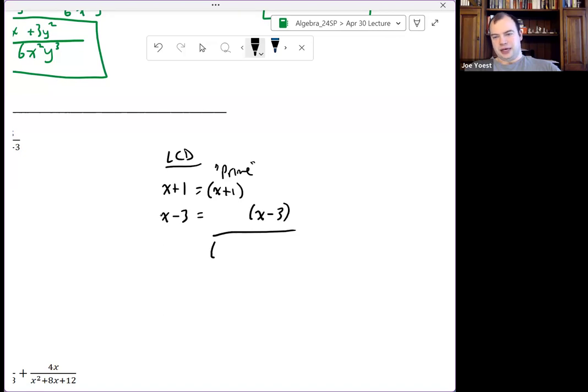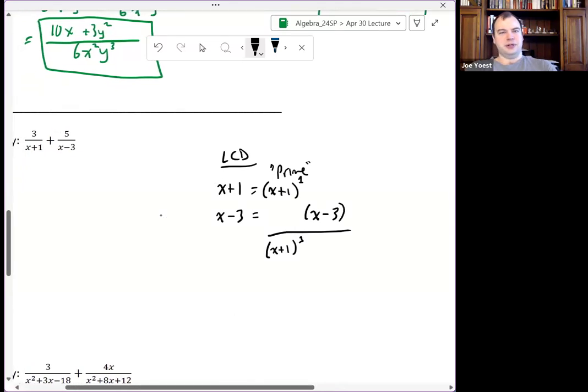I have some x plus 1s, some of these prime factors in some sense. I need one of them to satisfy the first fraction, to satisfy 3 over x plus 1. I also have some x minus 3s.